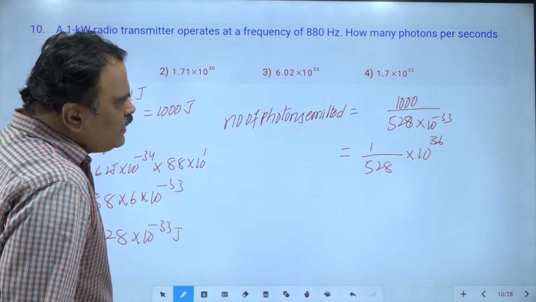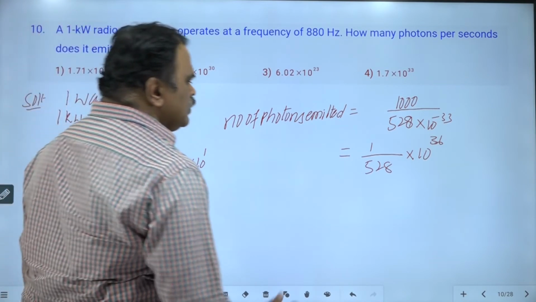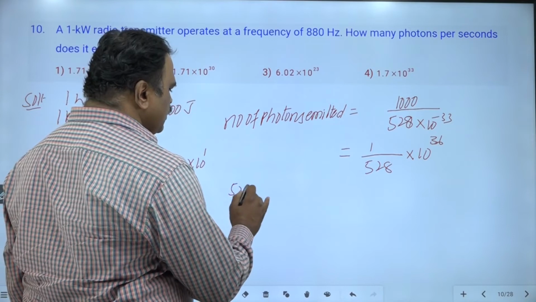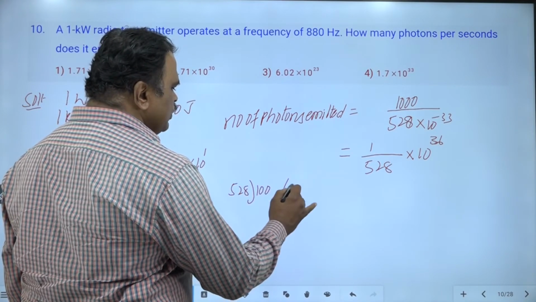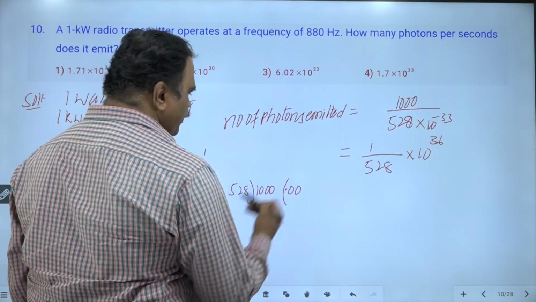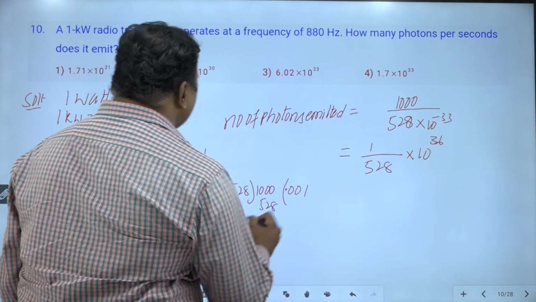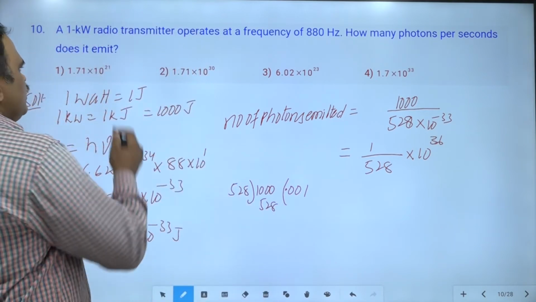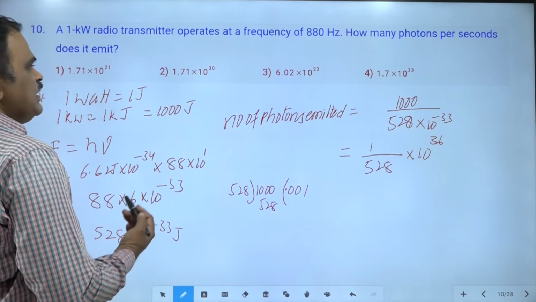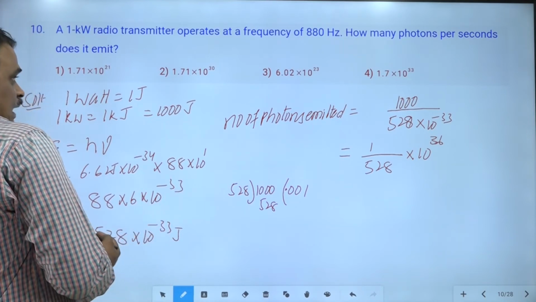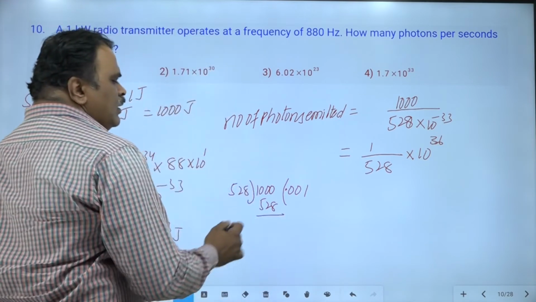So 528 into 1. The option is based on the 1. So we have to observe there are 3 options. The fourth option is based on 1.7, second also 1.7, first also 1.7. Go for the next one.